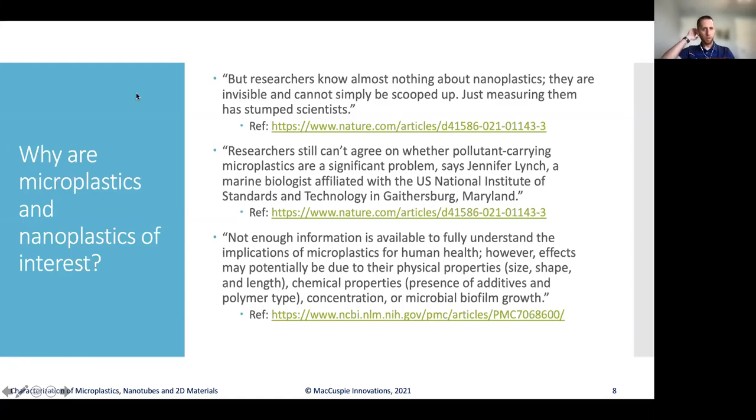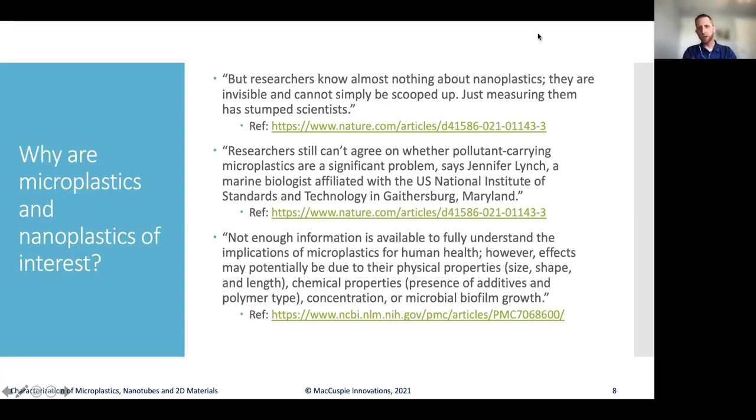So to start out with a high-level overview about why microplastics and nanoplastics are of interest, I found some interesting quotes in the literature. It really struck me, but researchers know almost nothing about nanoplastics. They are invisible and cannot simply be scooped up. Just measuring them has stumped scientists.